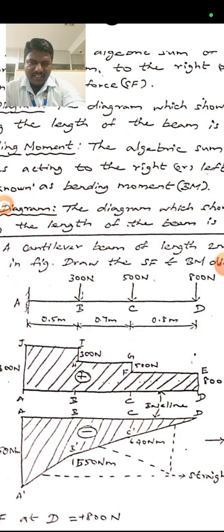Then point B: the load is 300 Newton downward, rotating clockwise, negative, with distance 0.5, so 300 into 0.5 meter. So on the right side of A, minus 800 into 2 meter, minus 500 into 1.2 meter and minus 300 into 0.5 meter, and you get the answer.